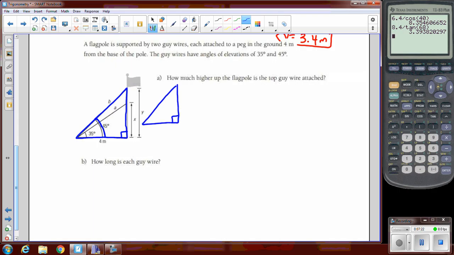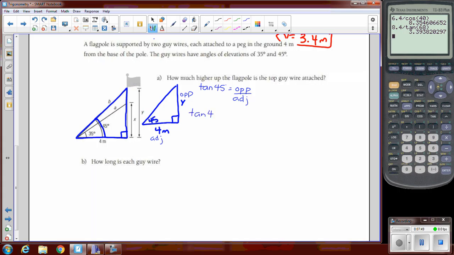We're going to say here's this, here's 45, and here's 4 meters, and it's asking me to find y. So to do this, we should say, well, here's opposite, here's adjacent. Opposite and adjacent is tangent. So we're going to say the tan of 45 degrees is opposite over adjacent.